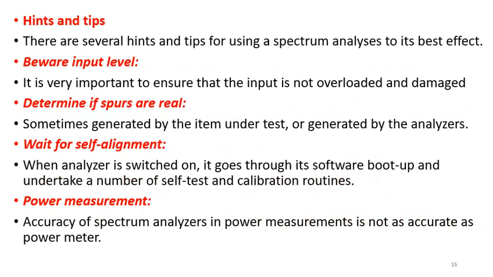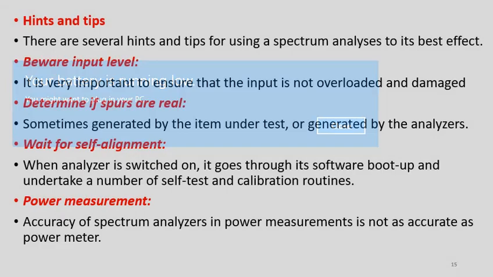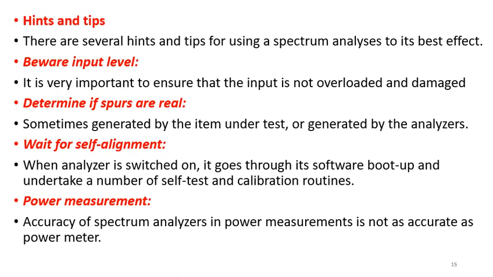Now, there are some hints we need to have whenever we want to use a spectrum analyzer safely. The first thing is we have to be very careful about the input level. When you make the input level very high, beyond the level that your spectrum analyzer can take, it can be overloaded, and overloading always causes damage.